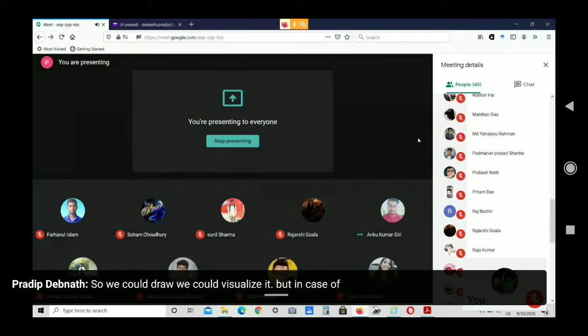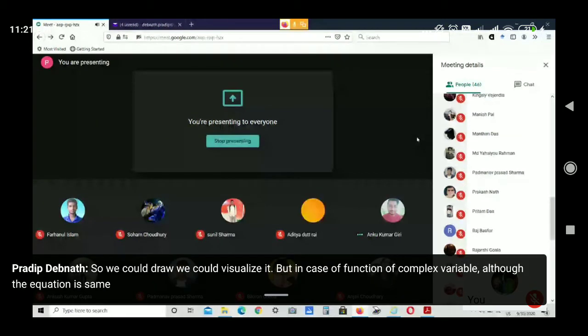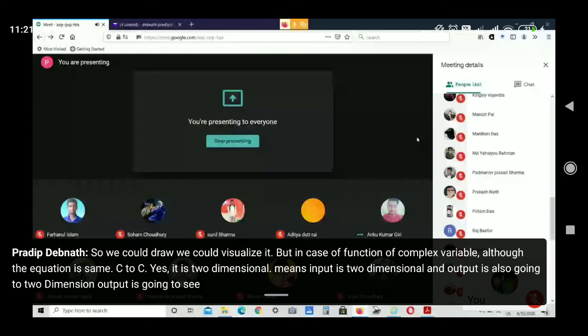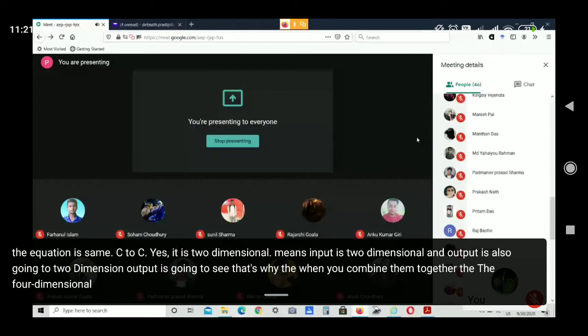But in case of a function of a complex variable, although the equation is the same, f(z) equal to z, now the function is from C to C. The domain is two-dimensional, meaning input is two-dimensional, and output is also going to C, two-dimensional. That's why when you combine them together, it is four-dimensional. That's why you cannot draw it, because we live in a three-dimensional world.